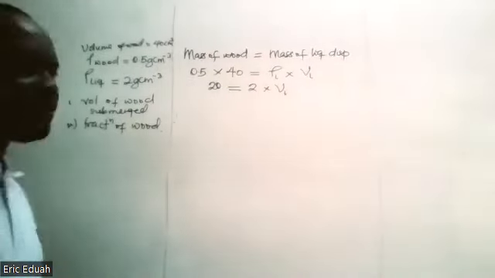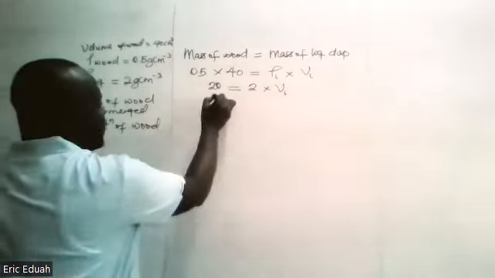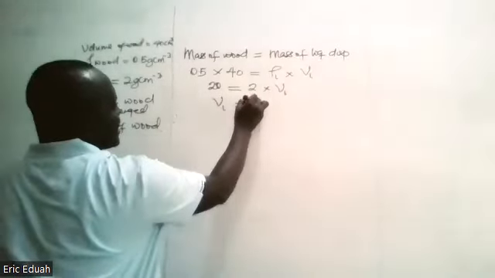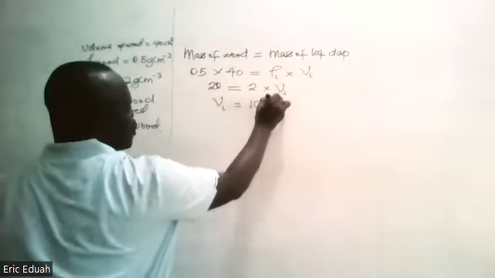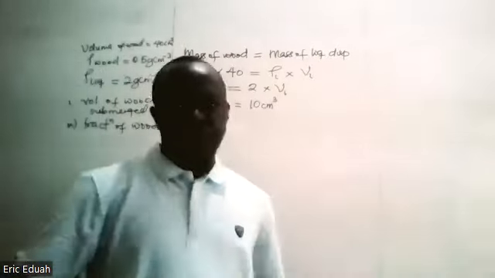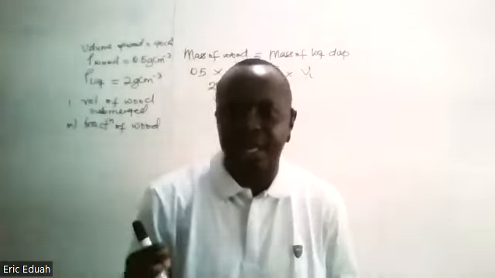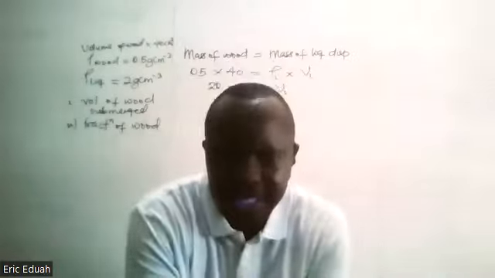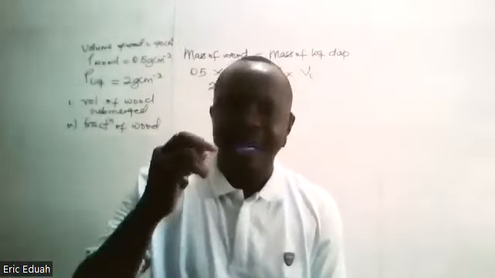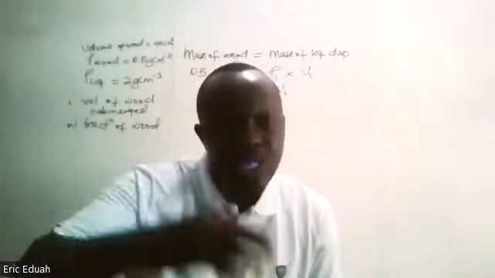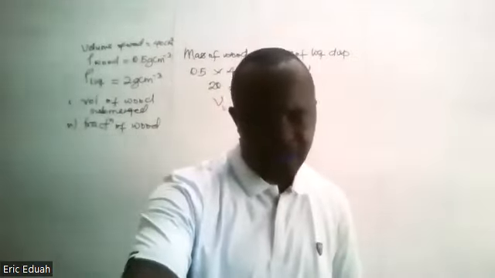Now we are looking for the volume of the liquid displaced. So VL is equal to 10 cm cube. Volume of liquid displaced is equal to 10 cm cube. You see, the volume of liquid displaced is equal to that part of the object submerged in the liquid, because the volume of the object submerged would displace a certain volume of the liquid.